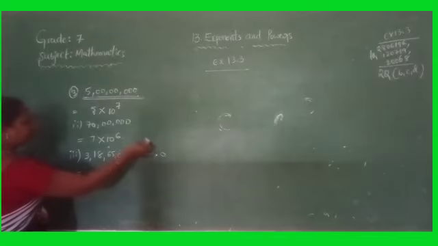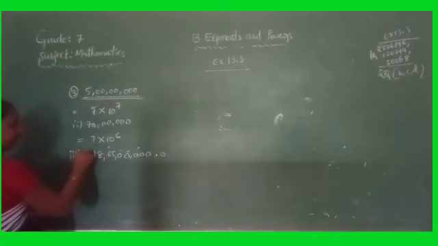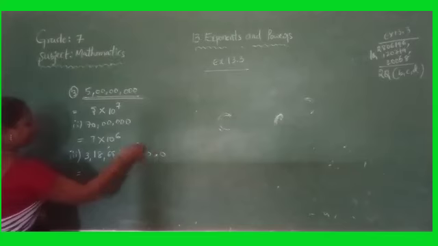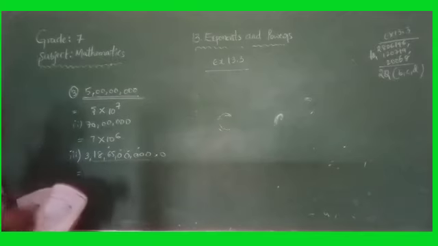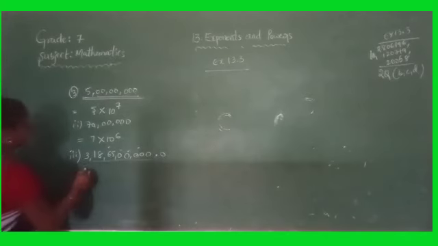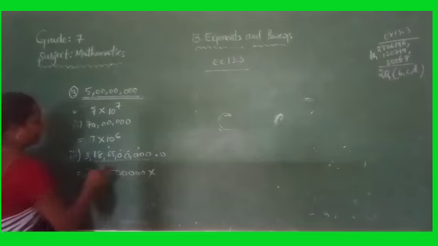You have to shift this decimal point to here. After the decimal point, how many digits are there? That you have to write as the power of 10. So 3.18650000 into how many digits?